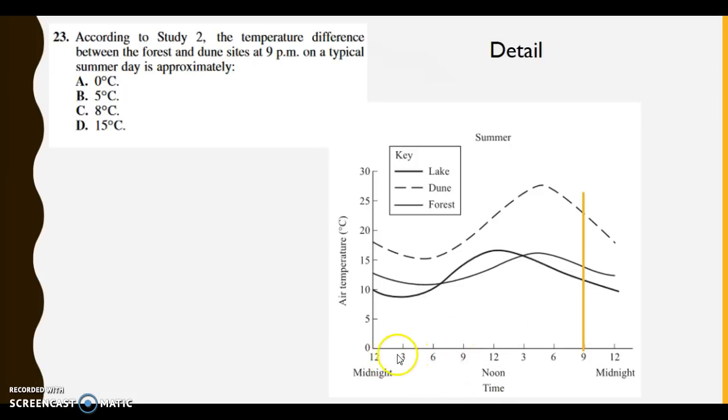Right here between midnight and noon is 9 a.m. I need to make sure that I'm looking at 9 p.m. So I'm going to draw a line across to see where my forest temperature is. I'd say maybe 14, and then I draw another line across to see where my dune temperature is. And I would say probably about 22, which gives us 8 degrees Celsius.